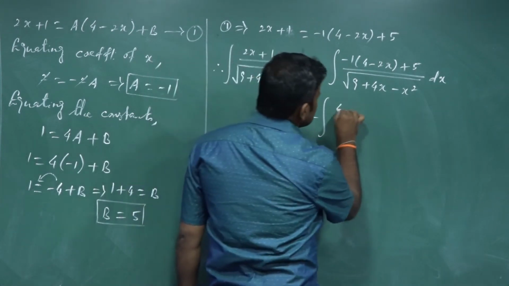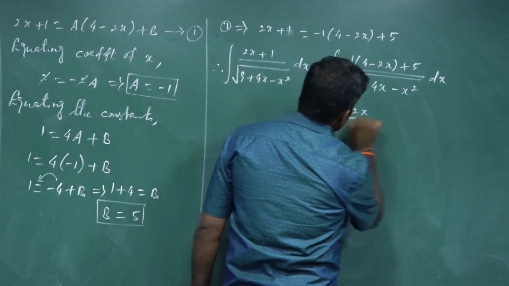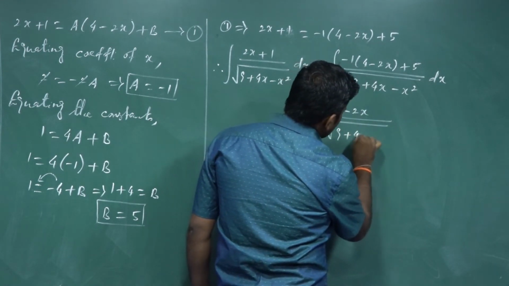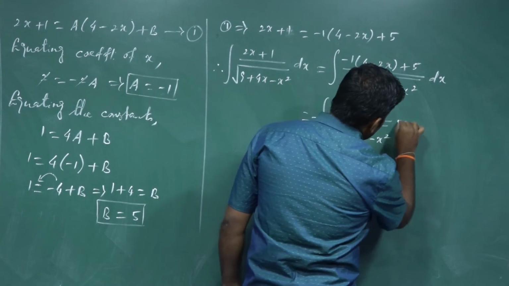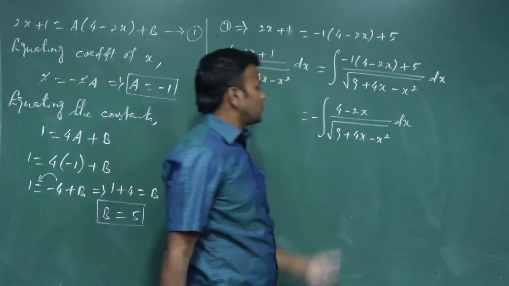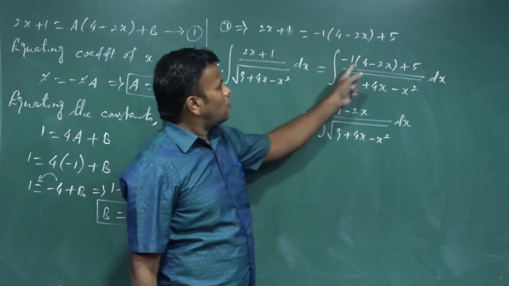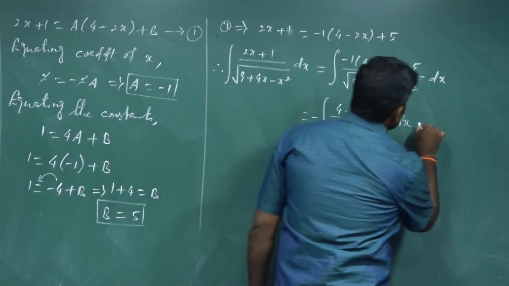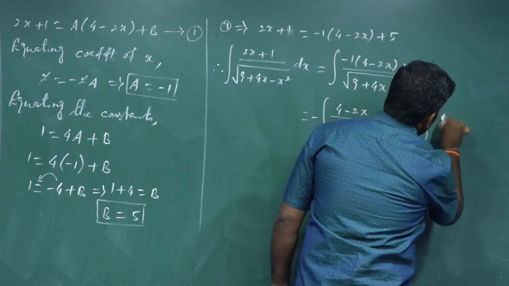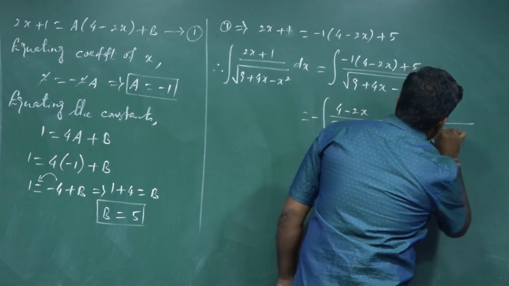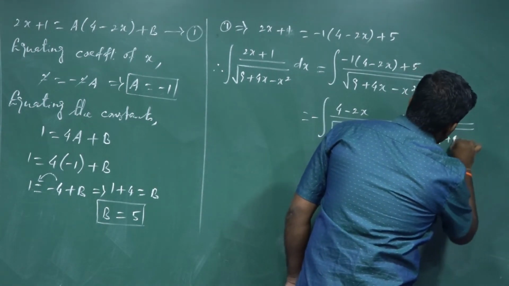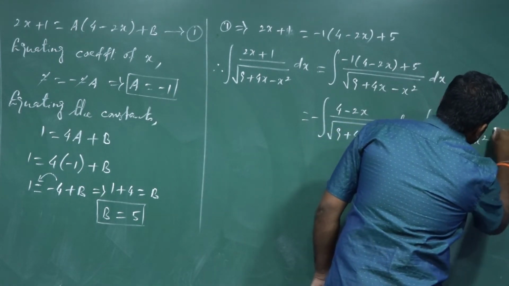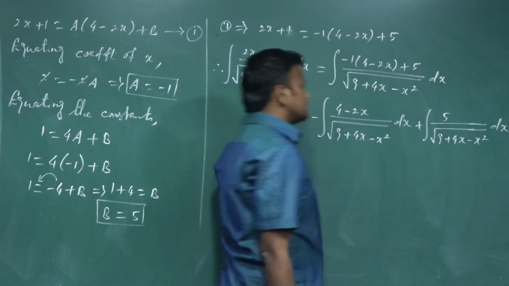4 minus 2x divided by square root of, okay, minus I will take outside, 4 minus 2x divided by that term, plus second term, 5 divided by square root of 9 plus 4x minus x square into dx.